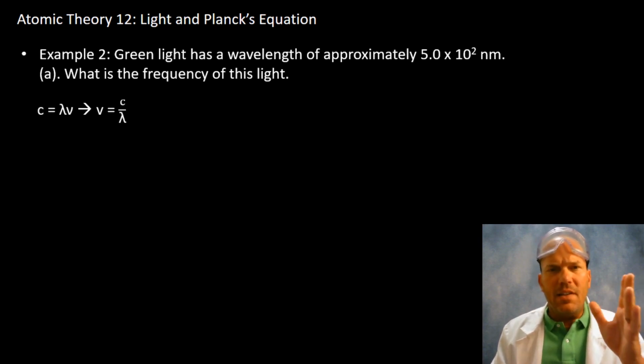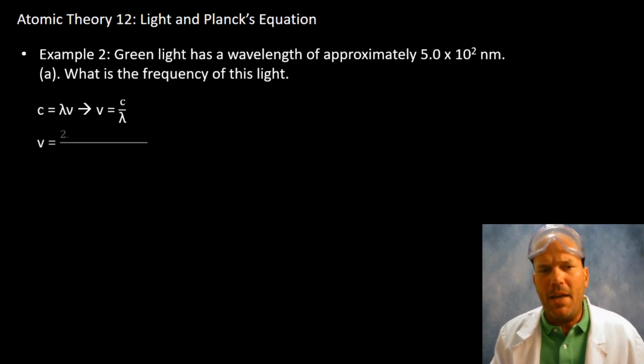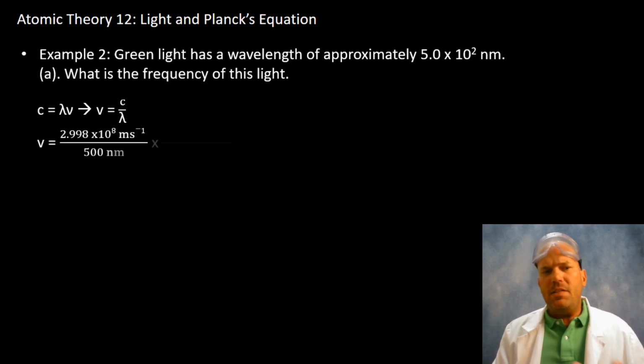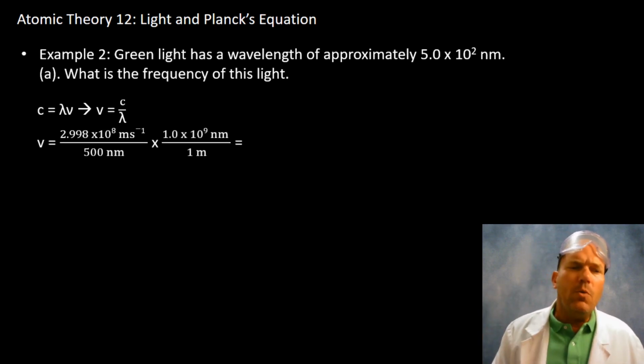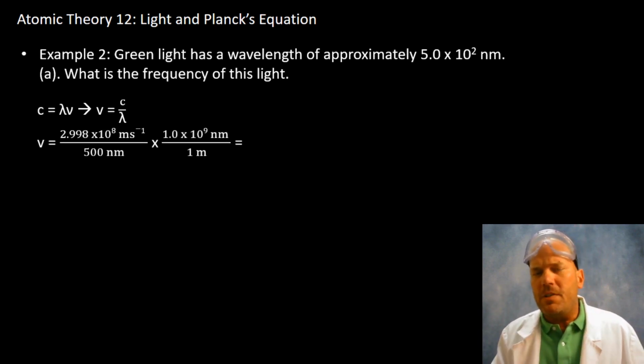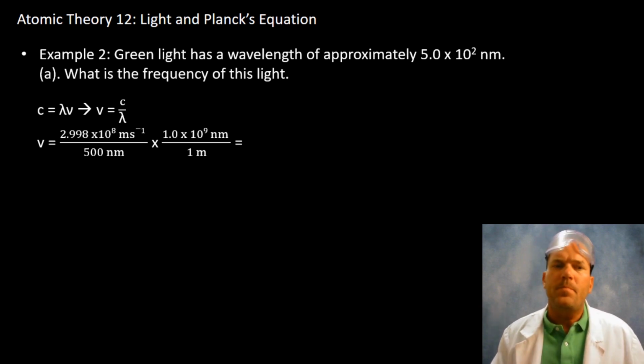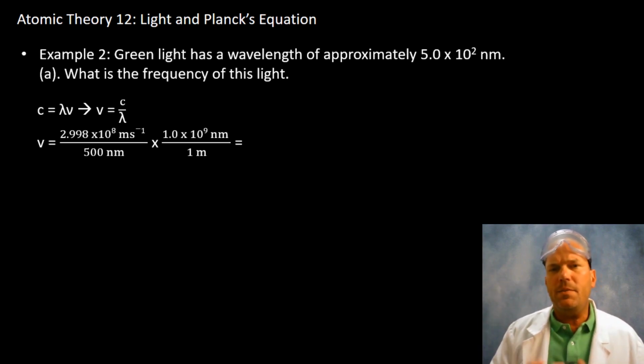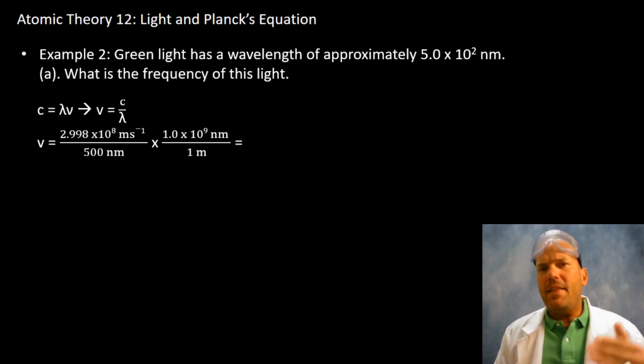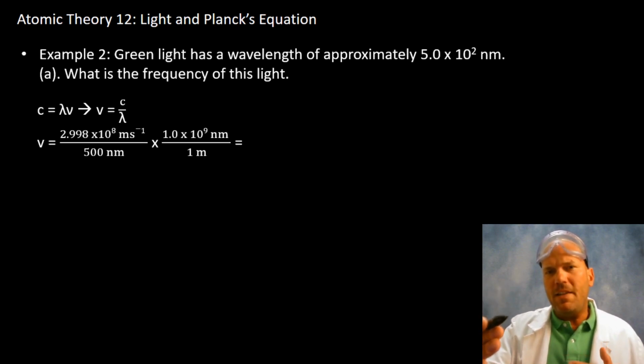So this is another straightforward application of Planck's equation, in which you are able to solve for frequency, which, remember, is denoted with the Greek symbol nu. It looks like a V. And you're able to put in the speed of light and divide that by the wavelength.